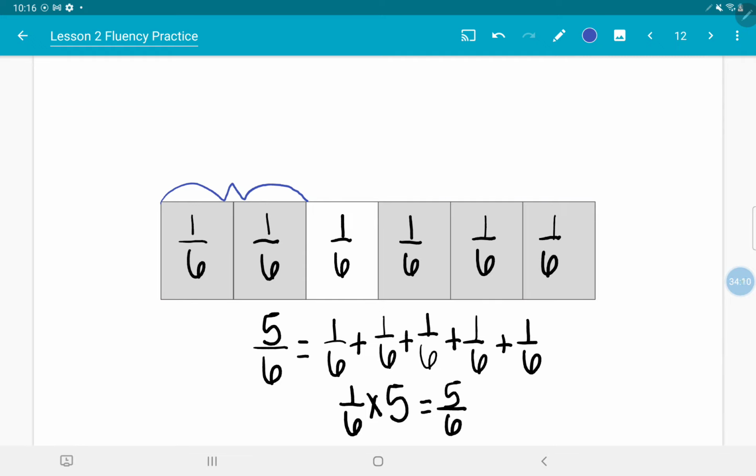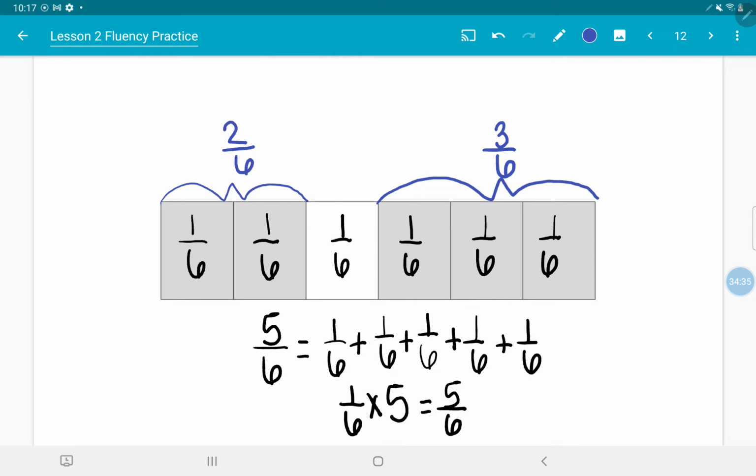To the left. This part over here. 2/6. What portion is shaded to the right of that? Oh, I'm sorry, I didn't mean for it to. There we go. What is it? 3/6.